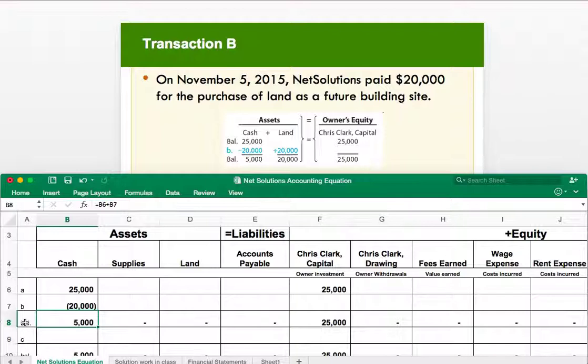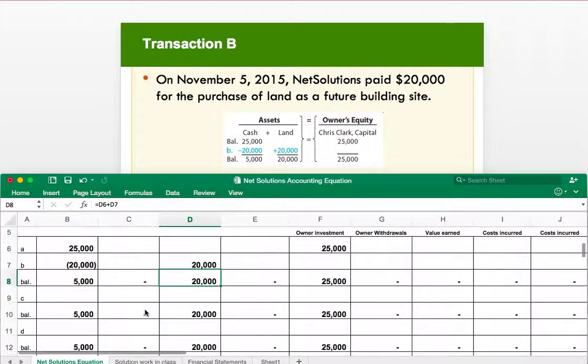You'll see row C here is $5,000, and that's just a running balance of how much we have left. And the day we bought the land, we paid cash and we got land. So our land account increased by $20,000.